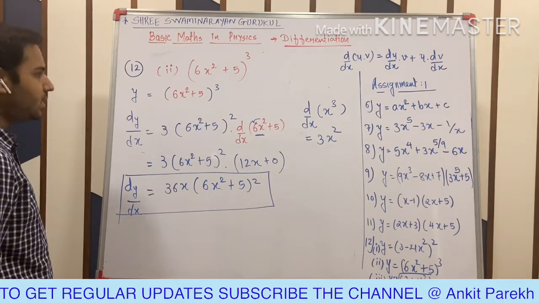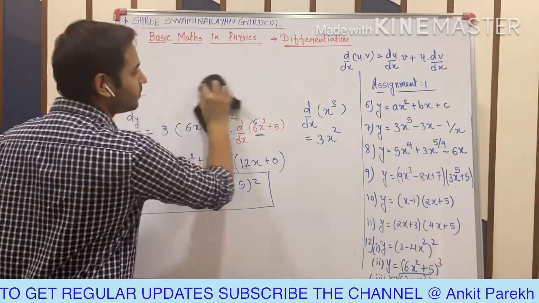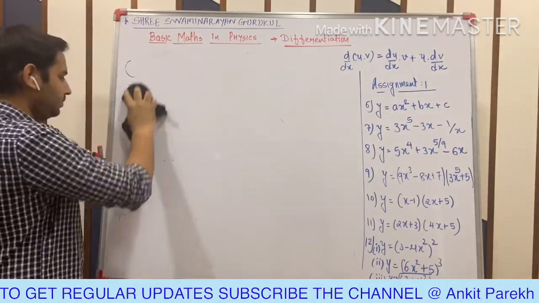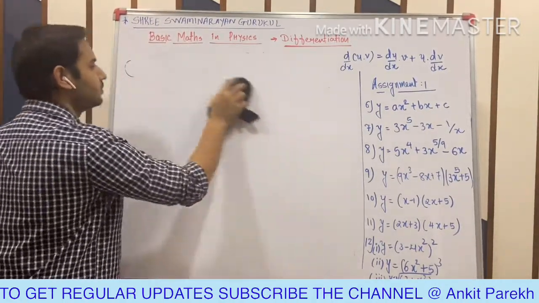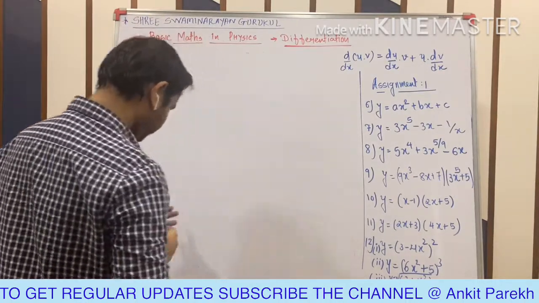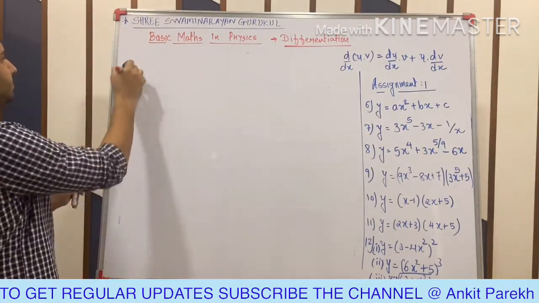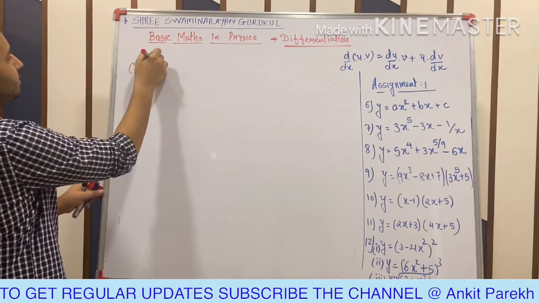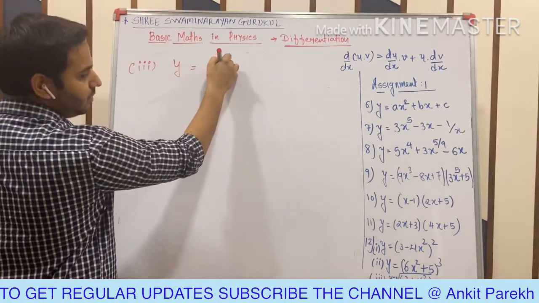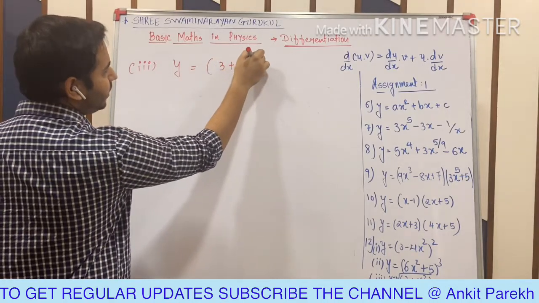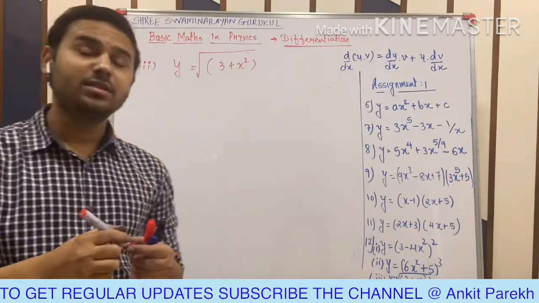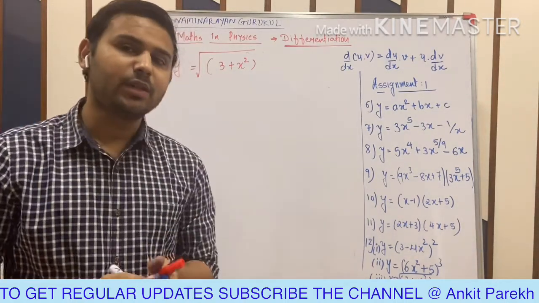Next question, third. Y is equal to under root of 3 plus x square. Okay, this is your question. Now under root is what?